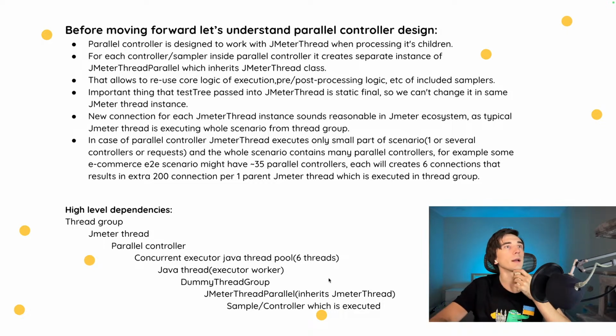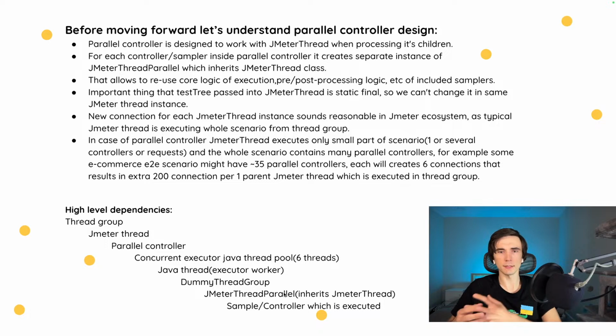So yeah, we create a separate instance of JMeter Parallel, with a new connection. Okay, so let's talk about the connections. Because we are reusing the regular JMeter thread, each new instance of JMeter thread parallel is creating a new connection.